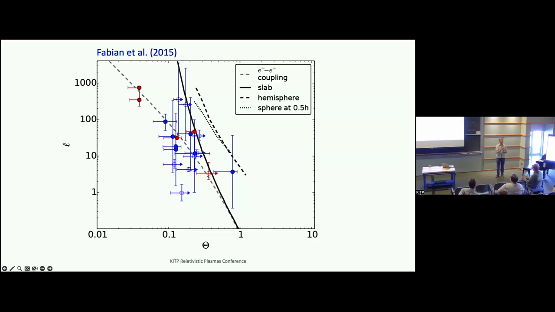There are old arguments that say that it can't be a sandwich geometry in the hard state because the spectrum is just too hard. The Haardt-Maraschi argument would kill that. In the soft state, it's a different matter; that may well be allowable for a sandwich geometry. The polarization constraints I showed you, however, were for the hard state.